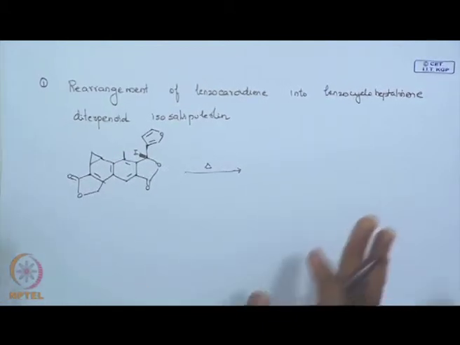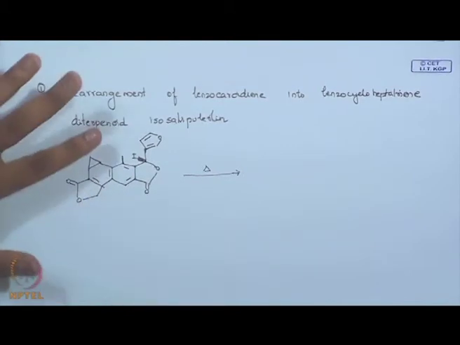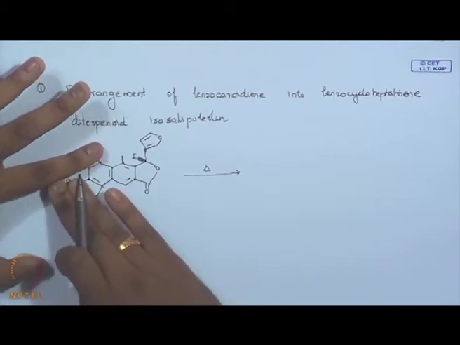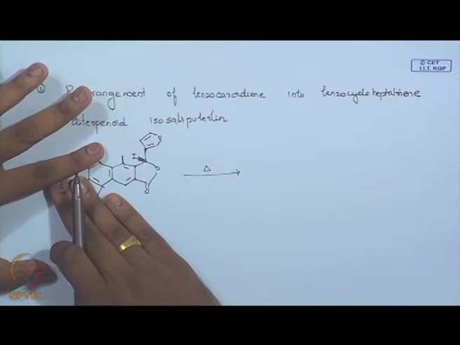I told you, it's not only about electrocyclic reactions. You have to think about all your pericyclic reactions. So what are you going to expect now? You see, you have a system like this which you have studied in electrocyclic, right? So yes, it's an electrocyclic ring opening.